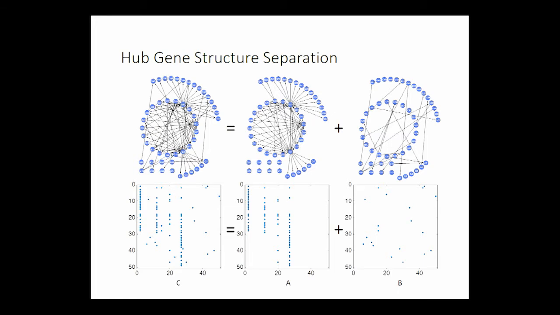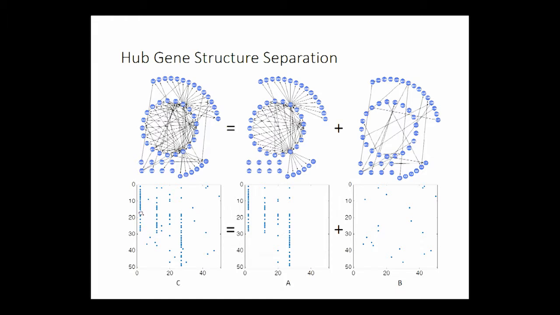I will explain what the hub structure is, but I'm going to explain why it works later. Simply speaking, if you look at this small example, we have this small network, and if we also plot the adjacency matrix for this small network, you will see this.